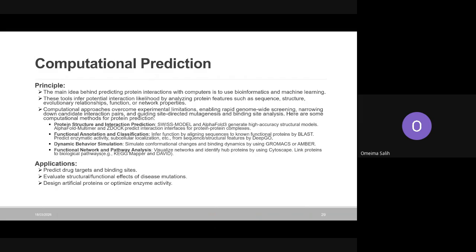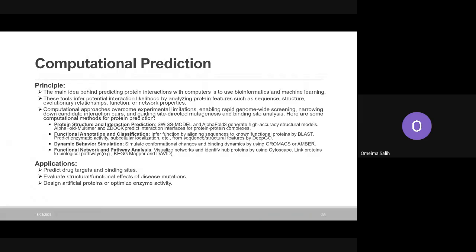The in silico methods are computational prediction, and of course, this depends mainly on predicting protein interactions using bioinformatics and machine learning, which is the AI use. So what can you predict? You can predict from the sequence, the structure, the evolutionary relationship between these interacting proteins.